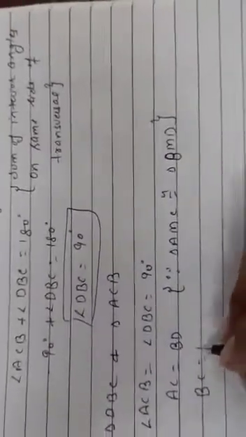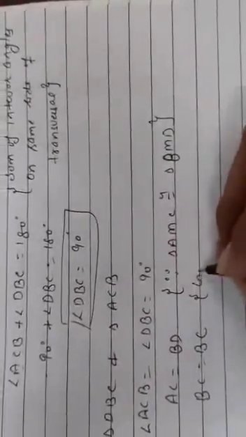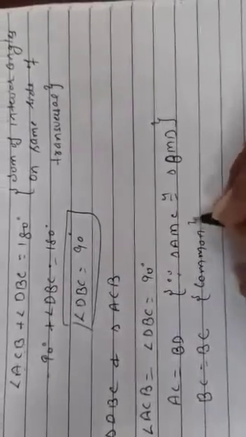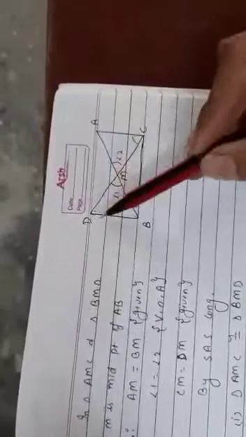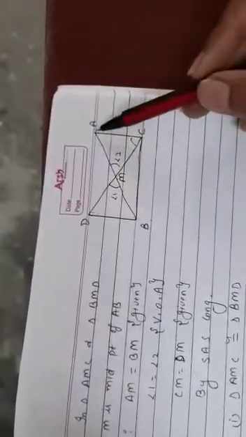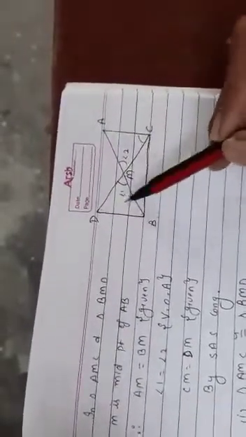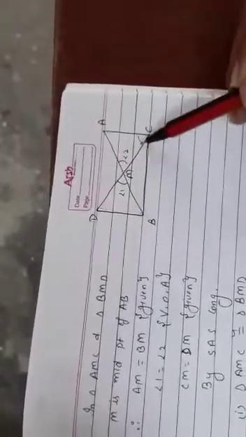BC is equal to BC, that is the common side. If these are equal, two sides and one angle, then which congruency is there? Anybody can tell? The triangles we have taken are DBC and ACB. In these two triangles, one angle is 90 degrees, then we said AC and BD are equal, BC is common.